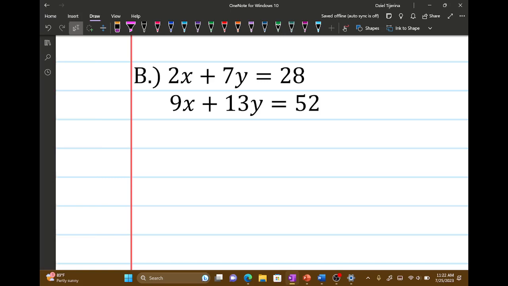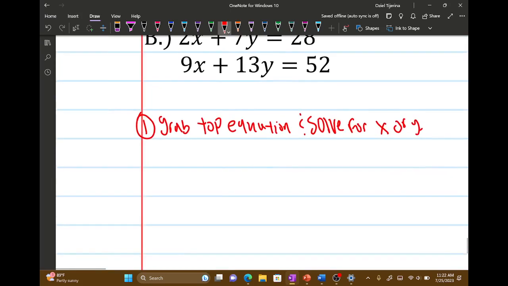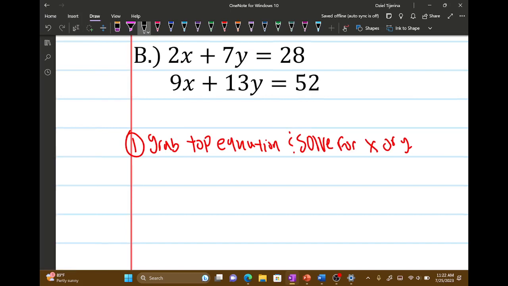My first step is to grab the top equation and solve for x or y. It doesn't matter which one you solve for, as long as you solve for one of them. In this case, I'm going to pick y.